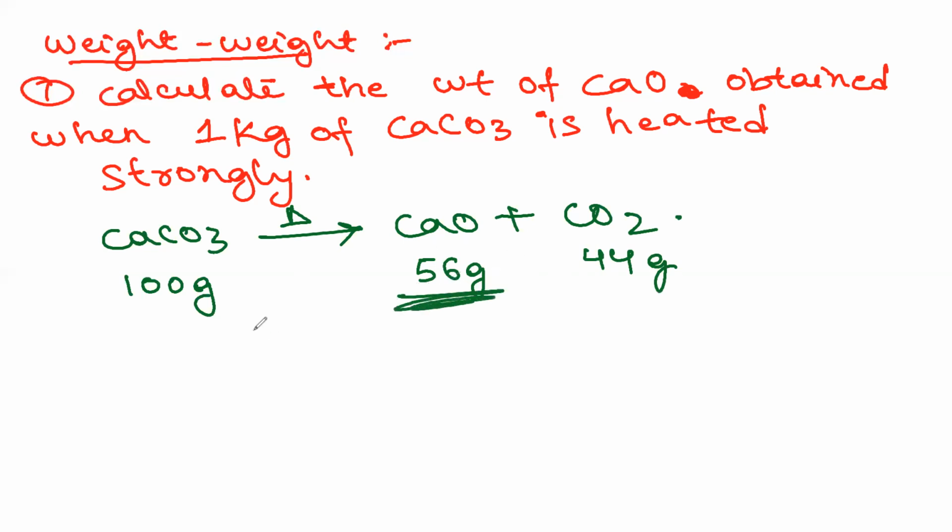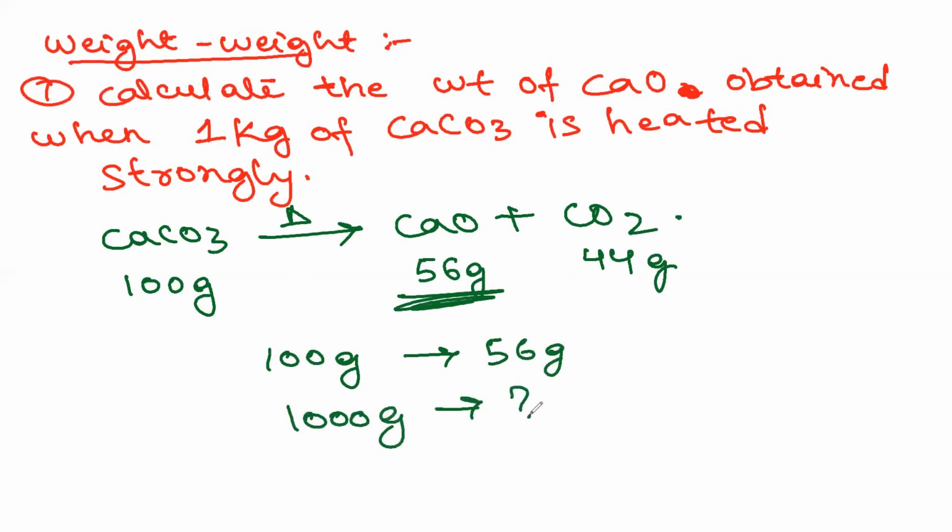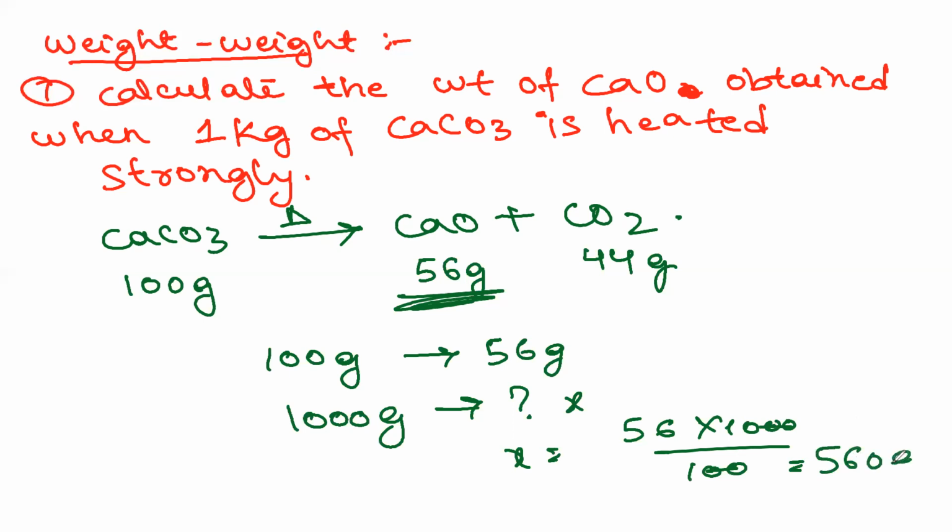So 100 grams gives 56 grams. 1 kg means how much? 1000 grams. 1000 grams gives how much? That is equal to 560 grams. So the answer is 560 grams. When 1 kg of calcium carbonate is heated strongly, it will give 560 grams of calcium oxide.